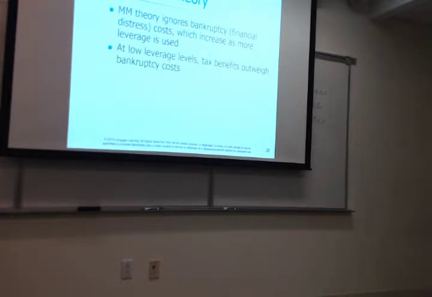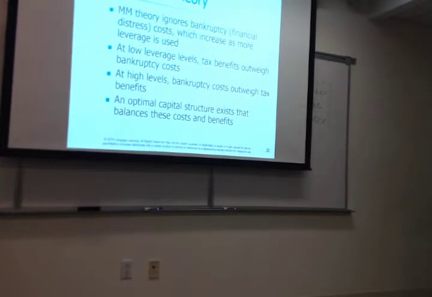At low leverage levels, tax benefits outweigh the bankruptcy cost. But as we get more and more debt, the bankruptcy cost outweighs the tax benefits. We need to find the optimal balance.